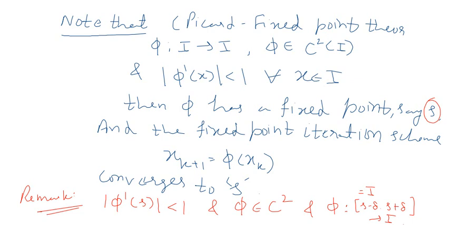So these three things you require. Then this Picard's theorem gives you a guarantee that the given functional relation actually converges, or it certainly gives you the root of the equation.